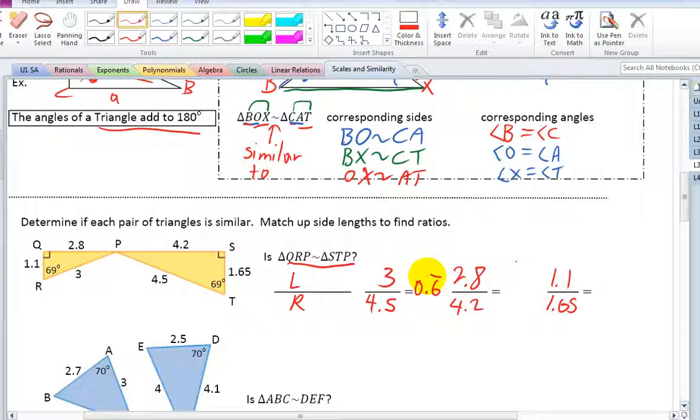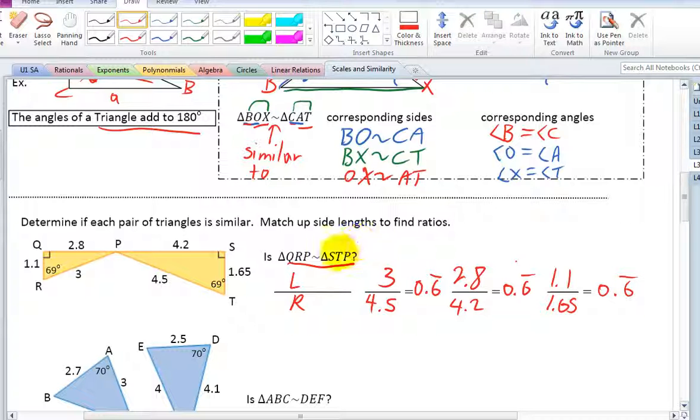Try that for the other two, please. You should have found that each one gives you 0.6 repeating. Remember, if the calculator rounds, you'll see a 7 on the end, but it's truly 0.6 repeating. You have to know what your calculator is doing.